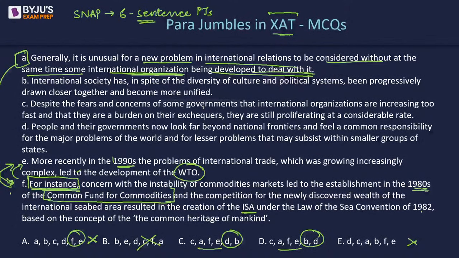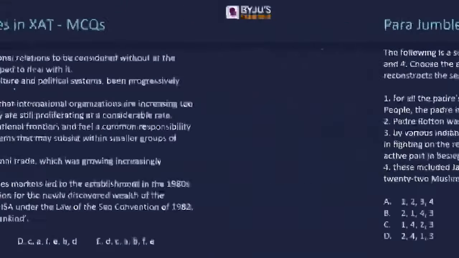Despite the fears and concerns of some governments that international organizations are increasing too fast and that they are a burden on their exchequers, they are still increasing, they're still proliferating at a considerable rate. In fact, it is unusual for a new problem in international relations to be considered without establishing an international organization for it. Then we give examples of it. Now, should it be BD or DB?